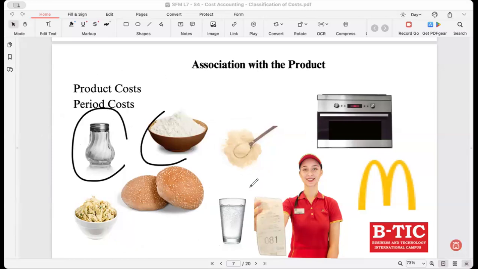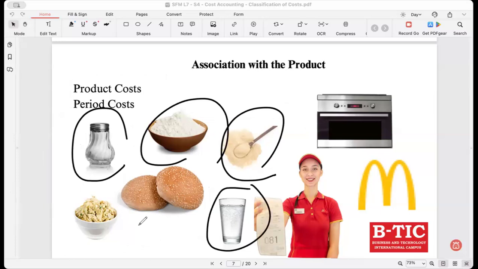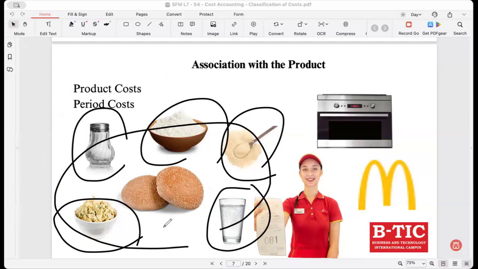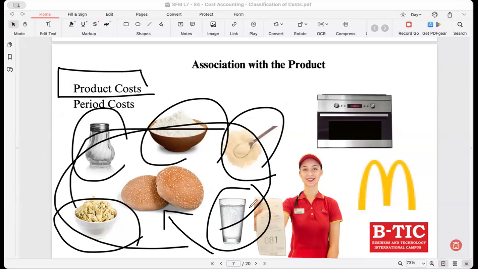The combination of all these elements will give you this output. Therefore, the money that you spent in purchasing these raw materials, they are known as product costs.